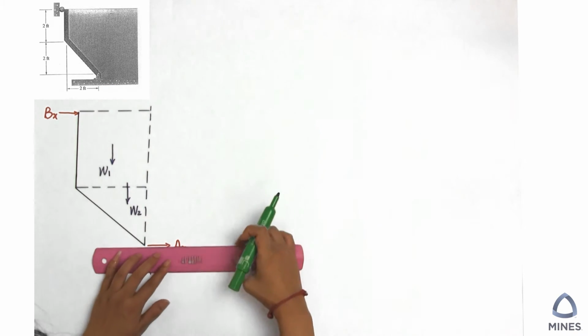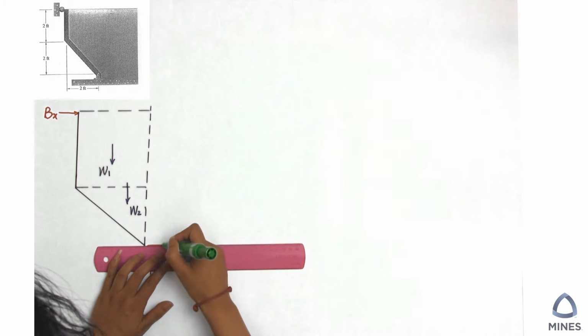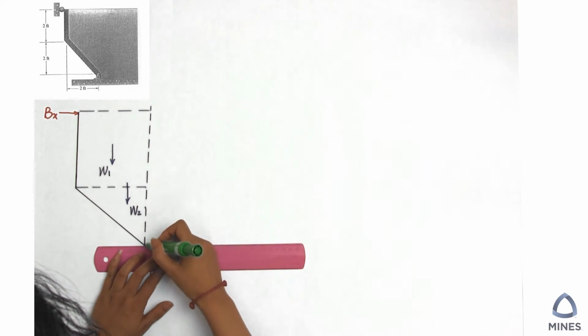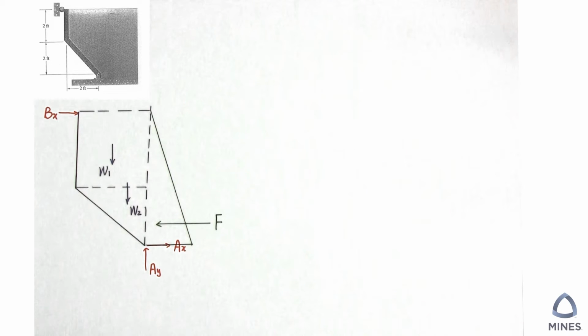So for this problem, we are actually going to have a triangular distributed load all the way from the water surface. And this is what we are going to simplify later for the horizontal component.